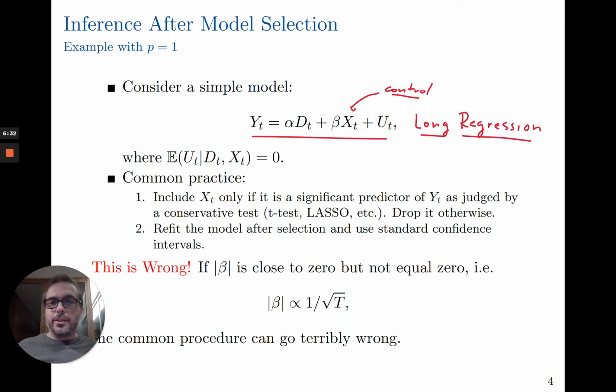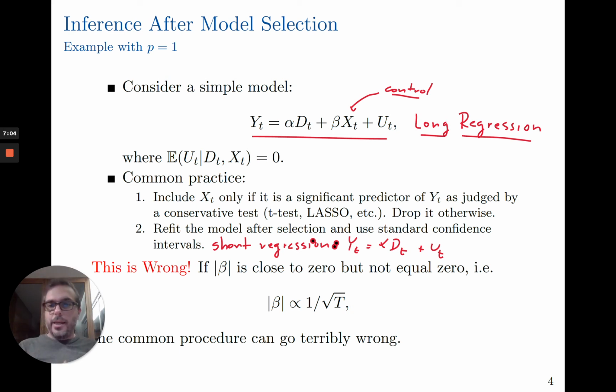In this case it will be the short regression, just the regression of y on d, because if beta equals 0, there's no beta anymore. What's the problem with that?